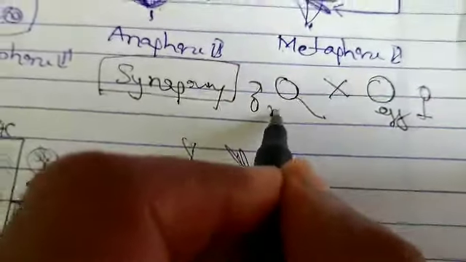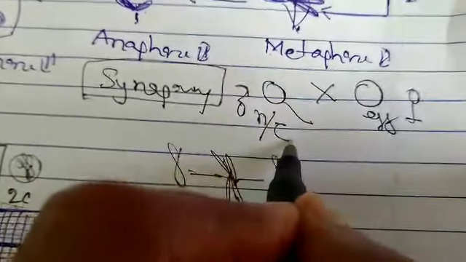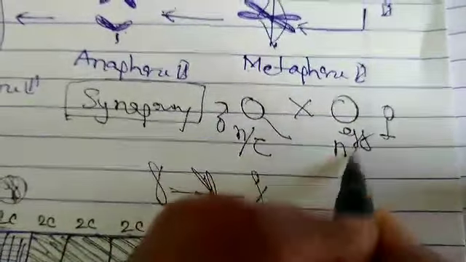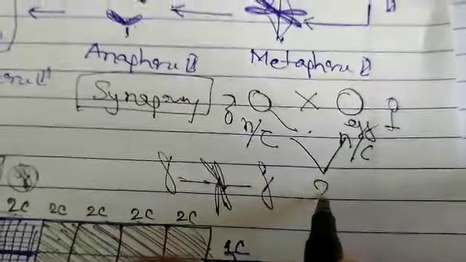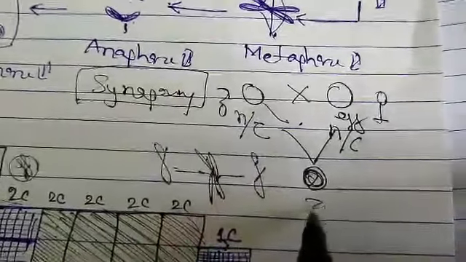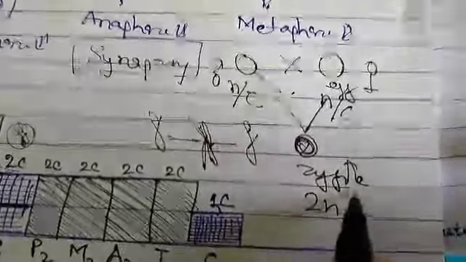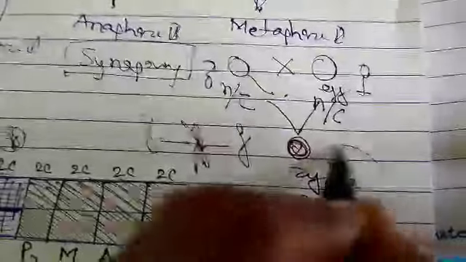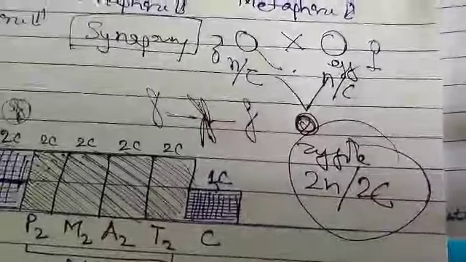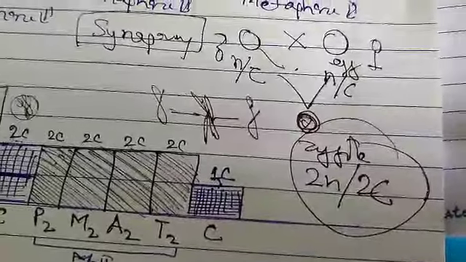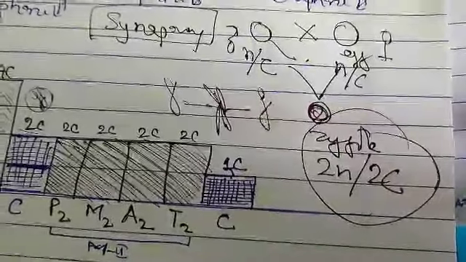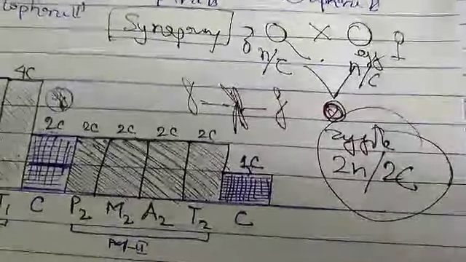Each has chromosome number N and DNA content 1C. When fertilization occurs, they fuse to form a zygote having 2N, diploid, and 2C. So see, it is now the same as the somatic cell. So meiosis II helps to keep the chromosome number as well as the DNA content the same.